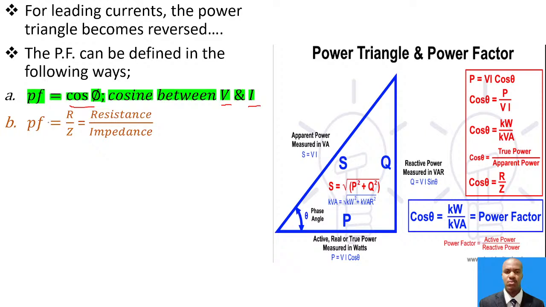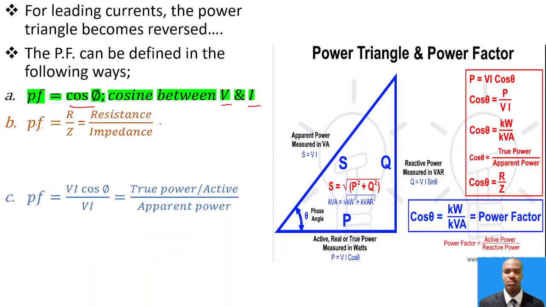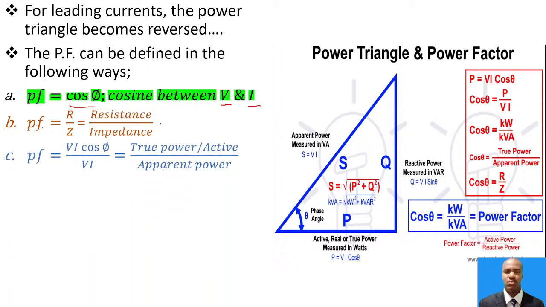And again, I have said we can define power factor in terms of the ratio of circuit resistance to the total circuit impedance. And lastly, you can define power factor in terms of the true power or the active power divided by apparent power.